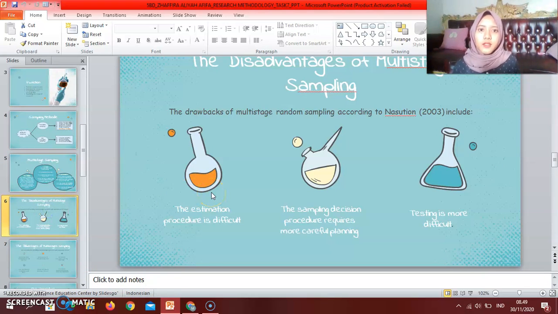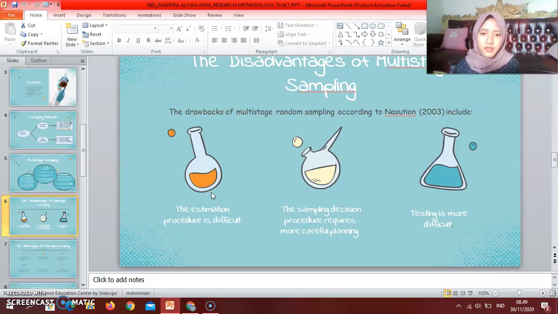In considering what sampling we might use, there are also disadvantages and advantages of using each sampling. The drawbacks of multistage random sampling, according to Nasution in 2003, include: first, the estimation produced is difficult, because in multistage sampling there are several stages that we might consider.